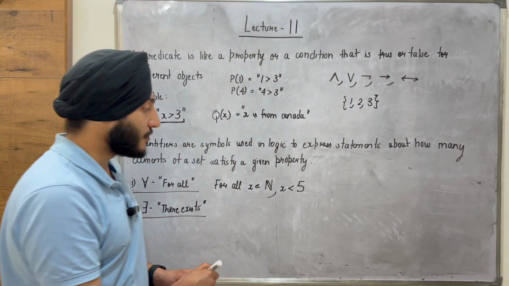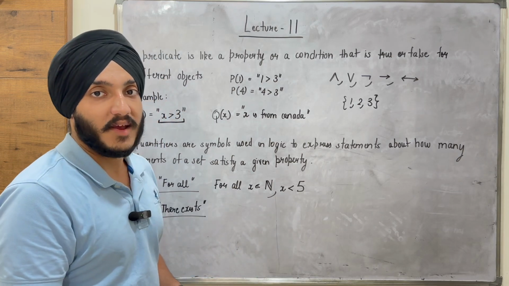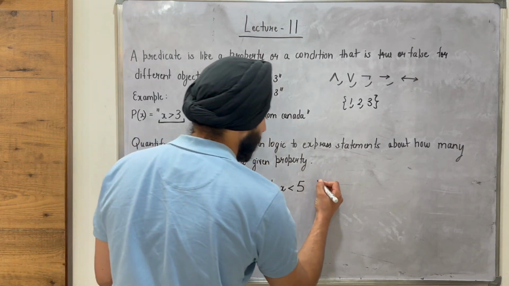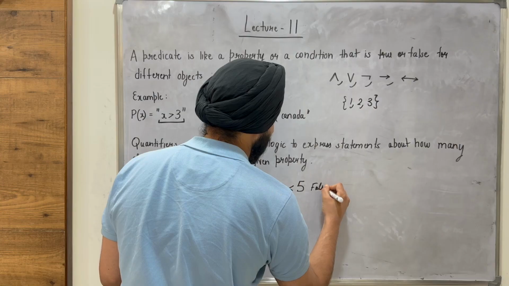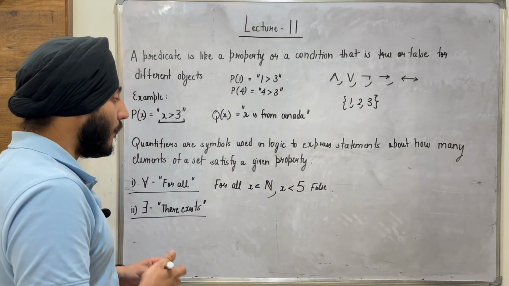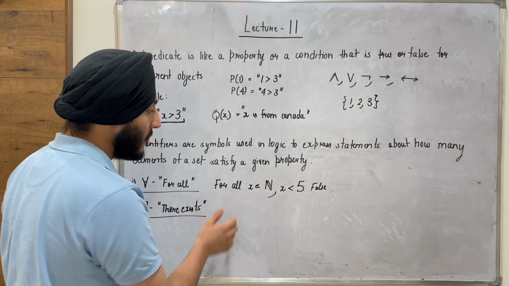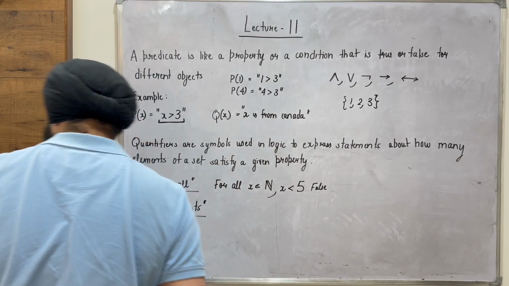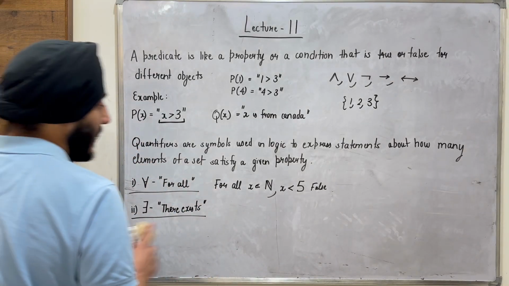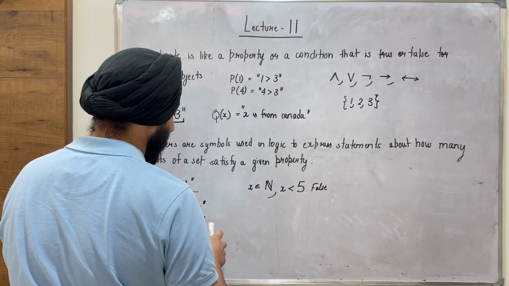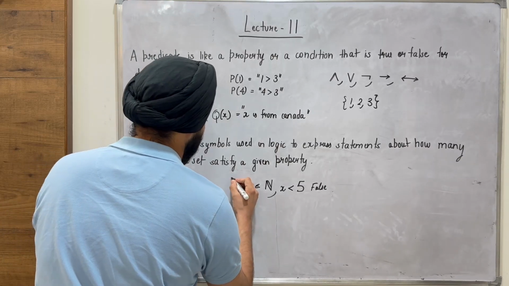But do you think this proposition is actually true or not? The basic answer is no. This is actually going to be false. But the basic idea for this representation is that instead of writing for all, I can simply replace it with the symbol.